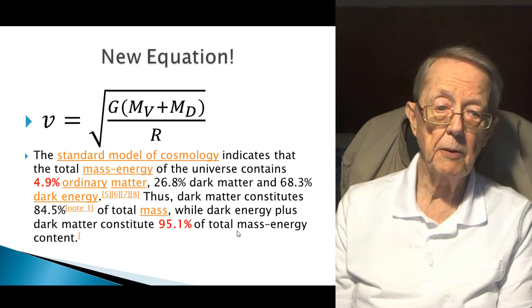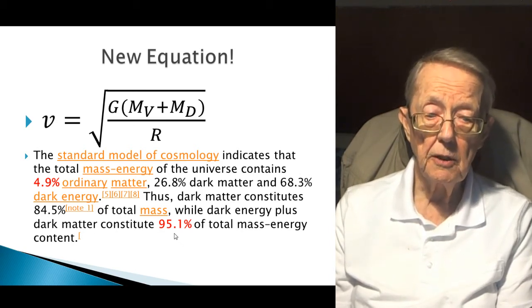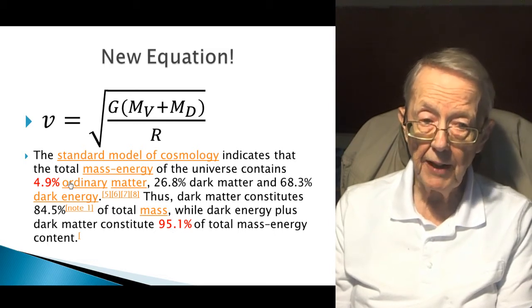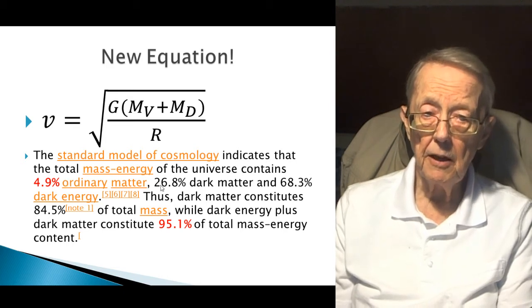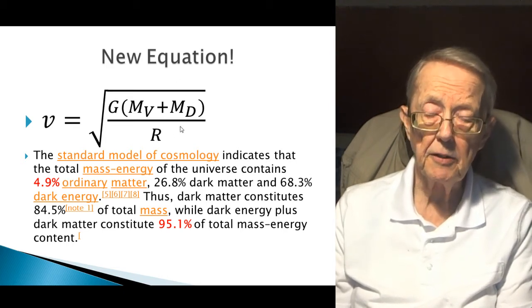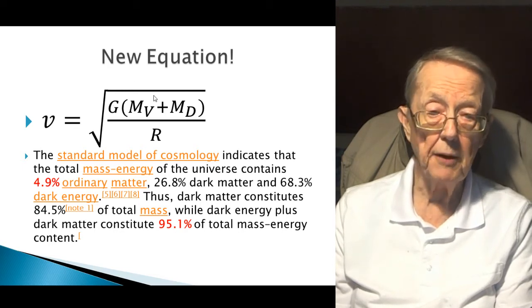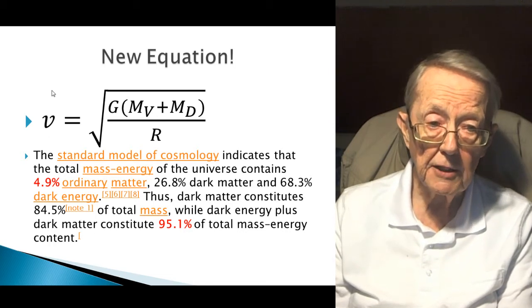However they come up with those numbers, that's what they need. Look at the ratio. 95% is 19 times the value of 5%. This value of dark matter is 19 times the value of the visible matter. That's a lot of matter just to make this value come up.